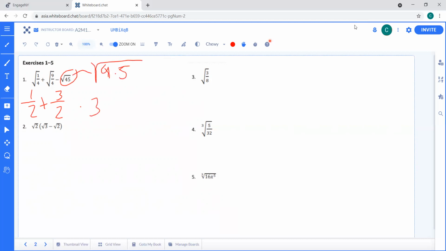So that would give us 3 square roots of 5. Oh, that should be minus. Now, the only thing I'm going to do right here is combine these like terms. So that's 4 over 2. So that's going to leave us 2 minus 3 square roots of 5.